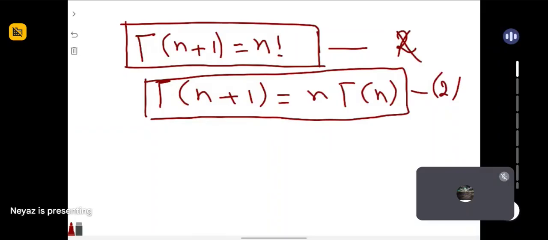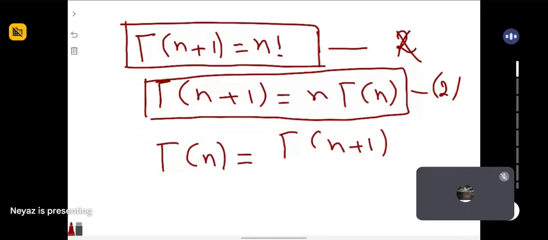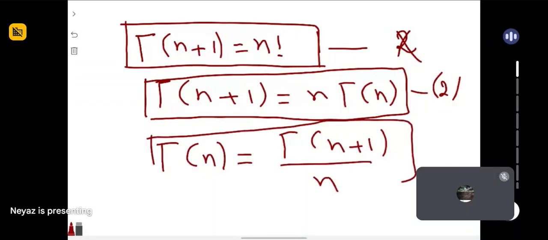Sometimes people write gamma n is equal to gamma of n plus 1 divided by n. Sometimes people use this as the definition of the gamma function. But the basic definition of the gamma function is in terms of the integral, which is given on page number 2, equation number 5.